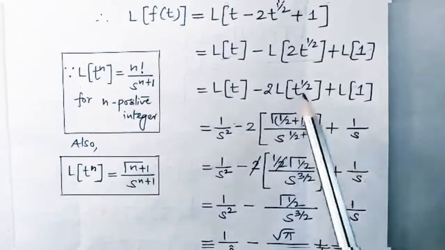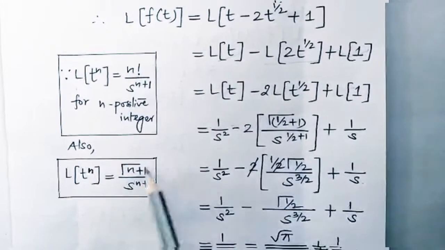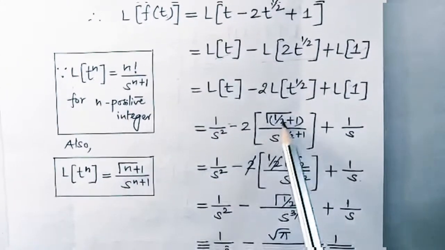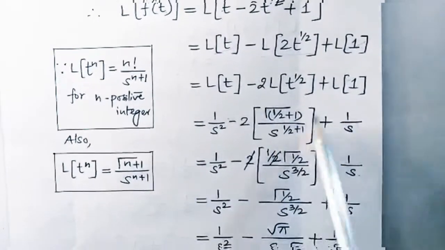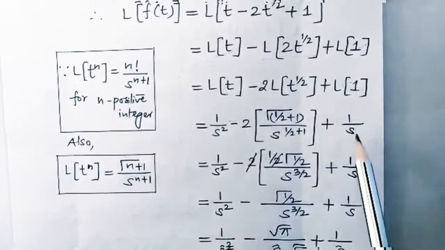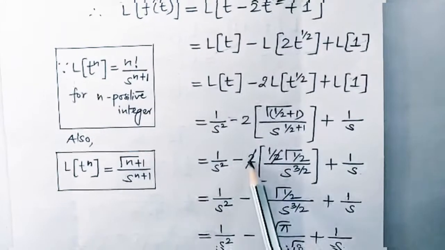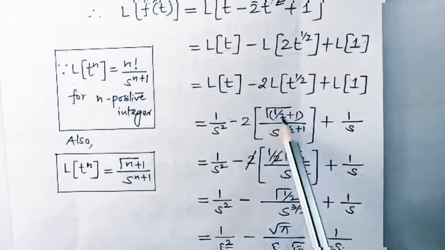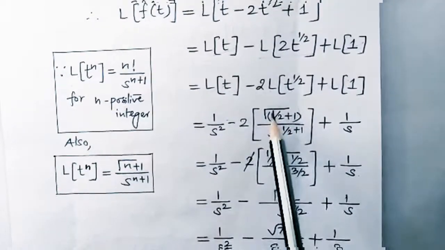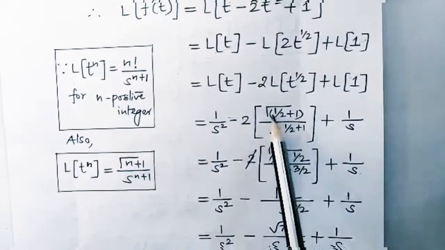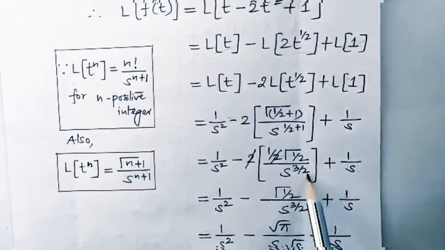Now here t raised to 1 by 2 is t raised to n, so we may rewrite gamma of n plus 1 as gamma of 1 by 2 plus 1 divided by s to the power of 1 by 2 plus 1, and the last one, Laplace of 1, is just 1 by s. Then the first term I will write as usual, minus 2 times, and we know from the gamma function in first year engineering mathematics that gamma of 1 by 2 plus 1 is 1 by 2 gamma of 1 by 2, divided by s to the power of 3 by 2, plus 1 by s.